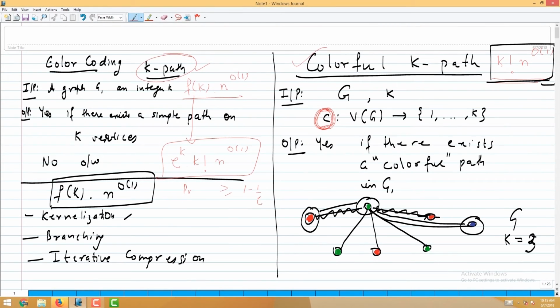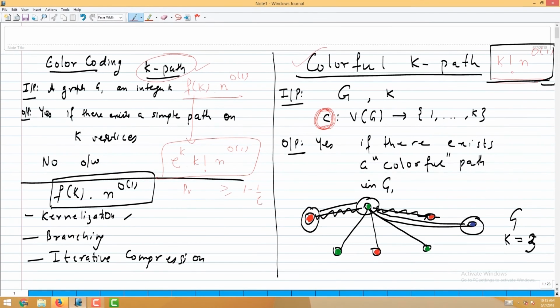Of course it's not true for any general structure. For example, if the structure was a clique, and I asked you to find a clique on k vertices, you cannot find it. Forget color coding, you cannot find a clique on k vertices in f of k into polynomial in n time. That's a hardness result: people don't believe that such an algorithm exists for clique.